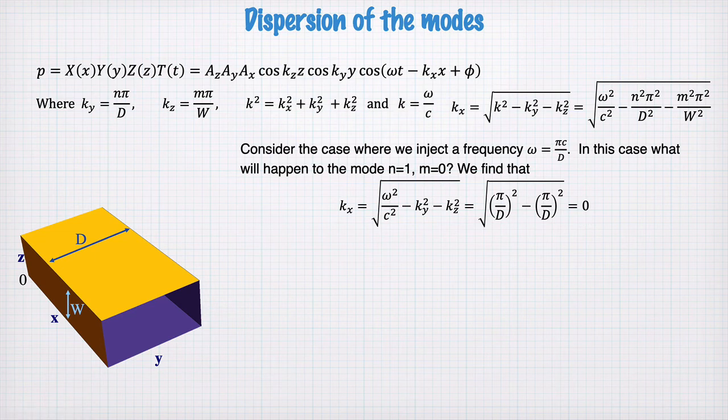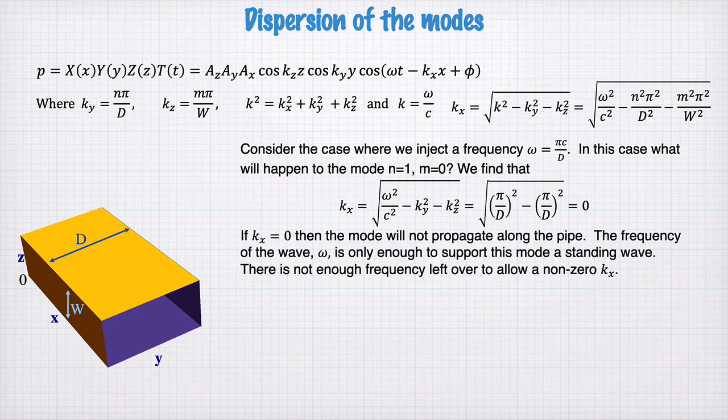There is no propagation along the x direction. The wave could travel along the pipe in the 0, 0 mode, that's fine, but it can't travel along the pipe in the n equal to 1, m equal to 0 mode. So the frequency of the wave omega in this case is not quite enough to support a wave that travels along the pipe. It's only just enough to support the standing wave in the y dimension.